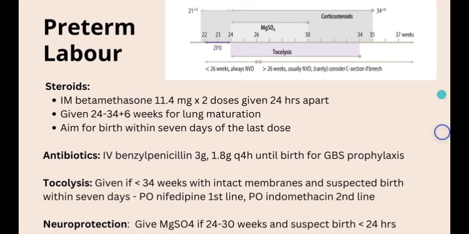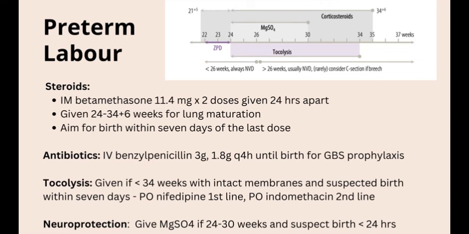Now, the second final point I wanted to make was on neuroprotection. So in preterm labor, it's very important to prevent cerebral palsy. And by giving magnesium sulfate, various studies have shown that giving this between 24 and 30 weeks is expected to prevent neurological issues that are associated with preterm birth.